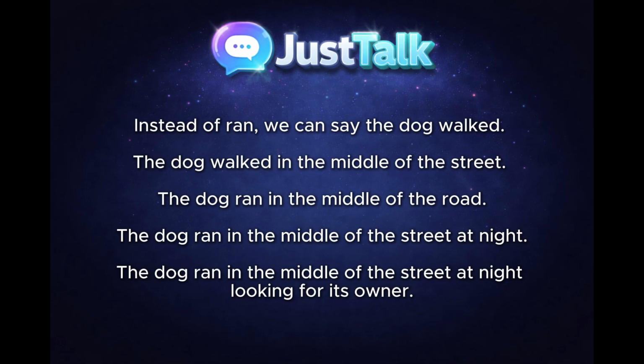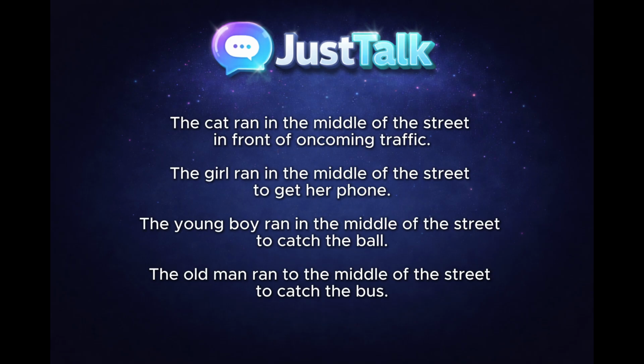The dog ran in the middle of the street at night looking for its owner. The cat ran in the middle of the street in front of oncoming traffic. The girl ran in the middle of the street to get her phone. The young boy ran in the middle of the street to catch the ball. The old man ran to the middle of the street to catch the bus.